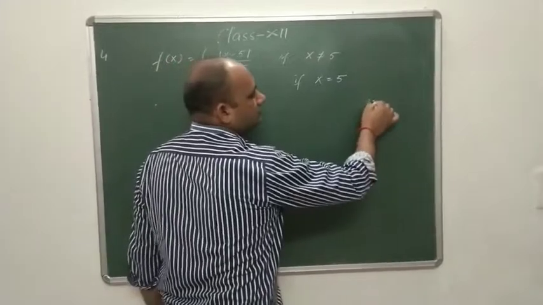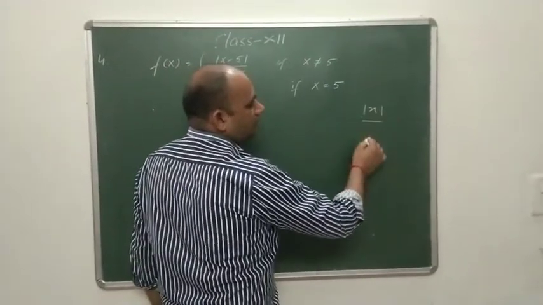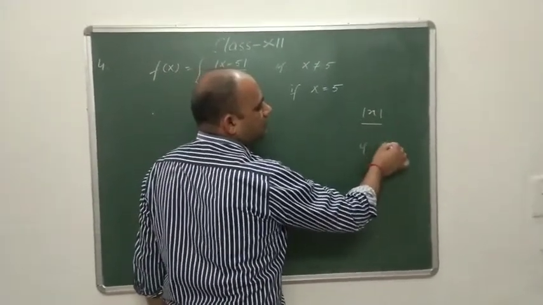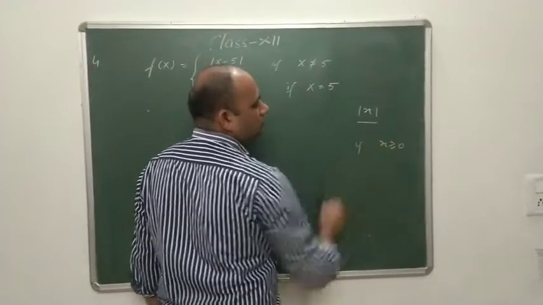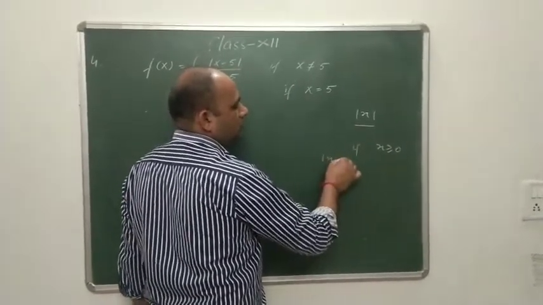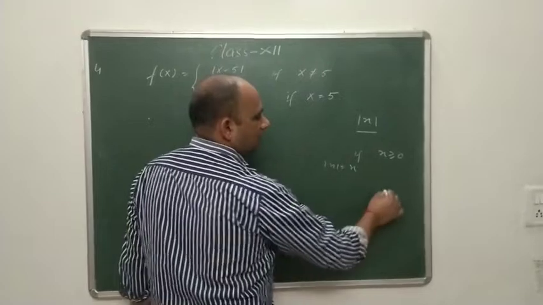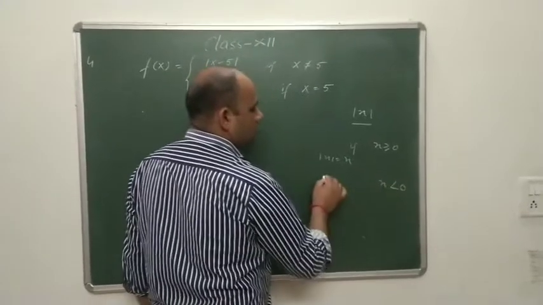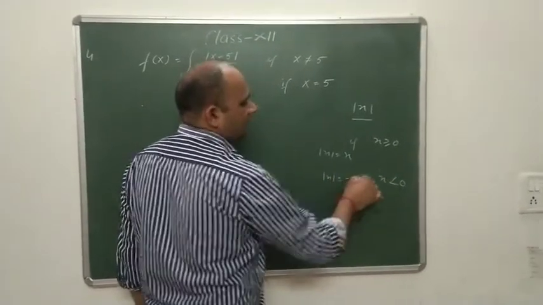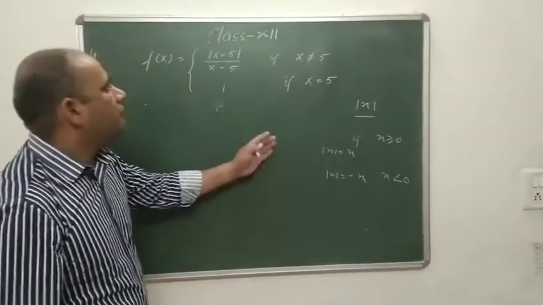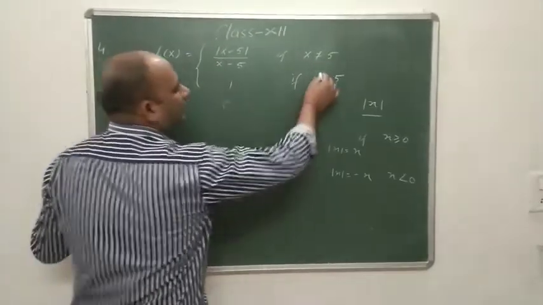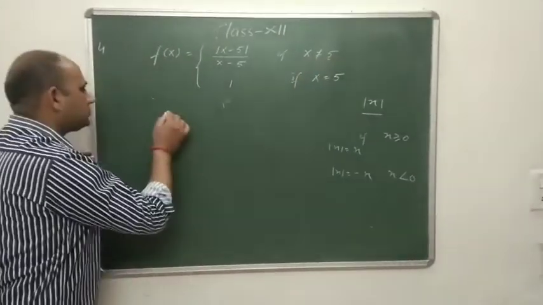So you know about the modulus function. If x is greater than or equal to 0, then modulus x is positive x, and if x is less than 0, then modulus x is negative x. In the same way, here the limit is 5.